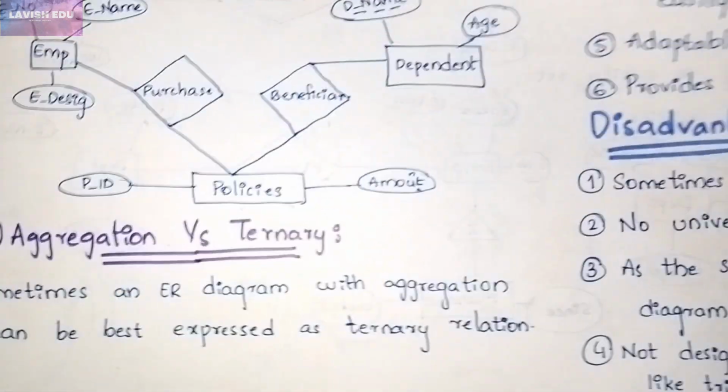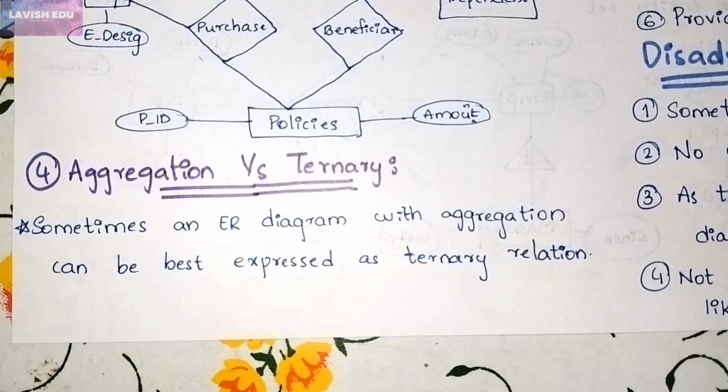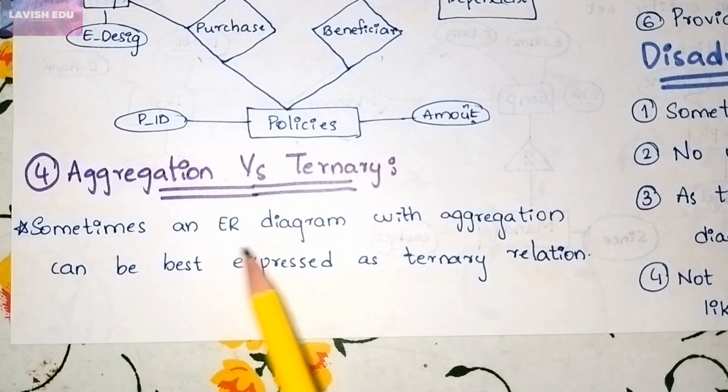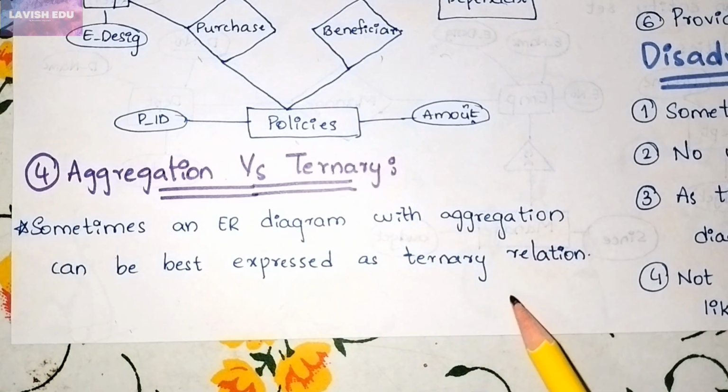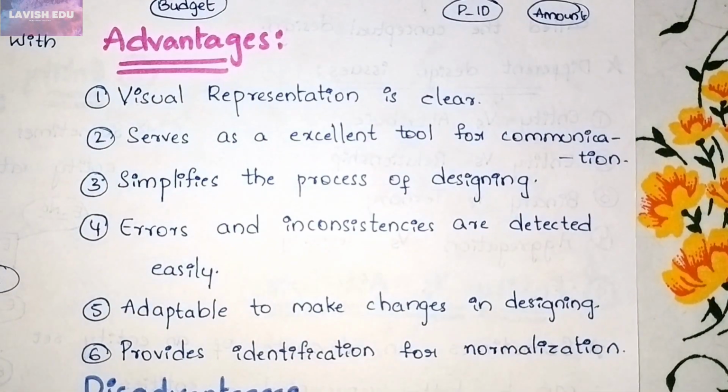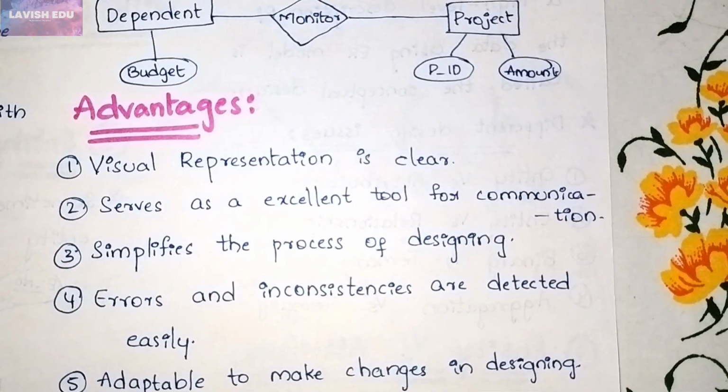Next we have aggregation versus ternary. Aggregation is a term that we have already seen in the previous session in the additional features of the ER model. Now sometimes an ER diagram with aggregation can be best expressed as a ternary relation. So it states that it's better to represent a ternary relationship in the place of an aggregation.